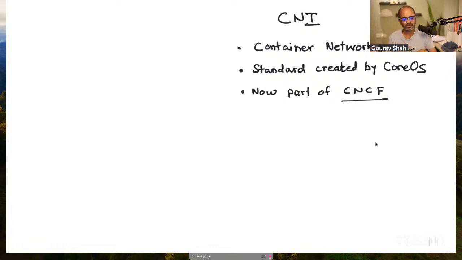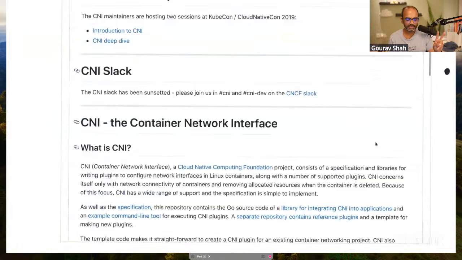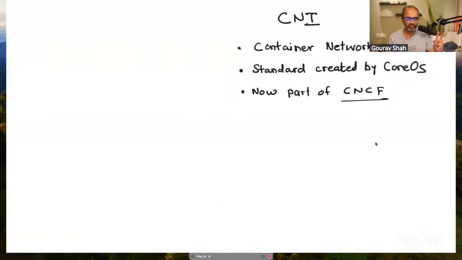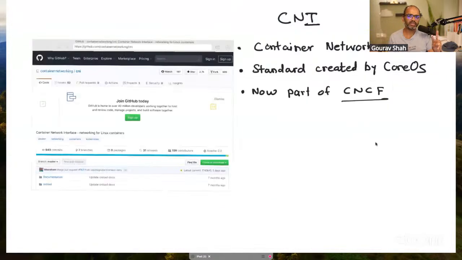So when Kubernetes was created in 2014 and 15, there was software defined networking already sophisticated and matured. So they had choices between CNI and something called CNM. They went for CNI. CNM was created by Docker, Docker's own standard.